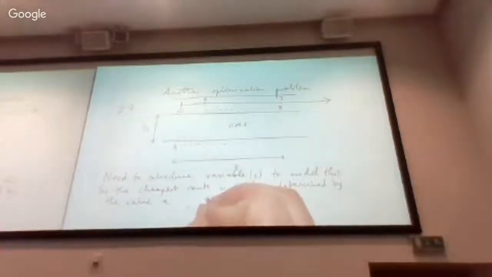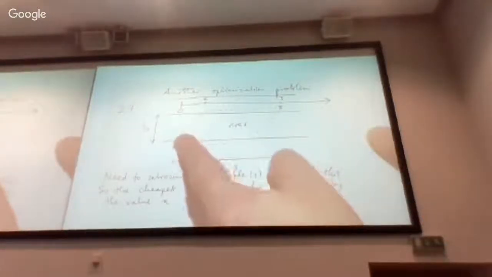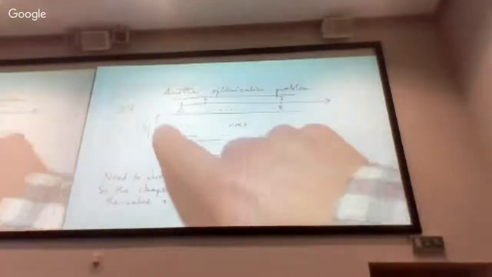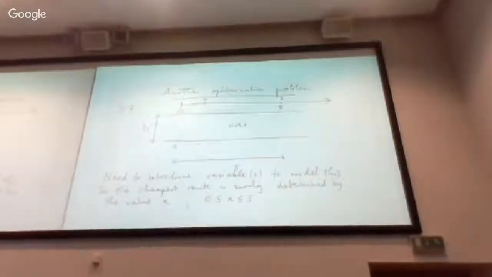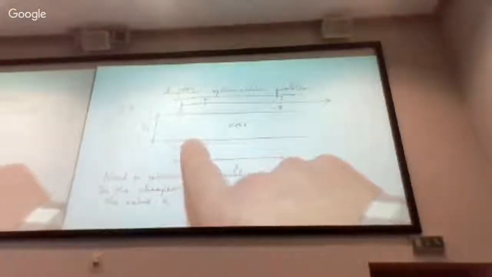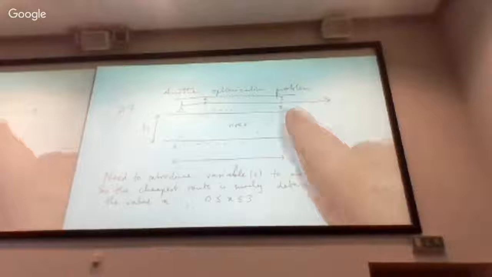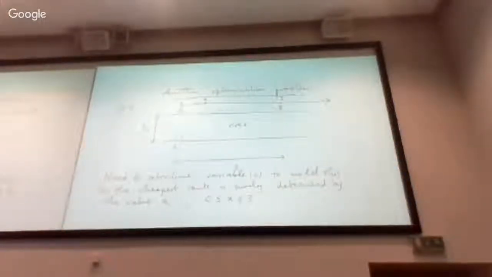And what we know about x straight away is it's somewhere between 0 and 3. We certainly shouldn't build a pipeline in this direction away from the destination first. Or we certainly shouldn't build diagonally across the river to a point beyond B and then have to go back to B. That's obviously very wasteful. So our cheapest route is determined by some value of x.